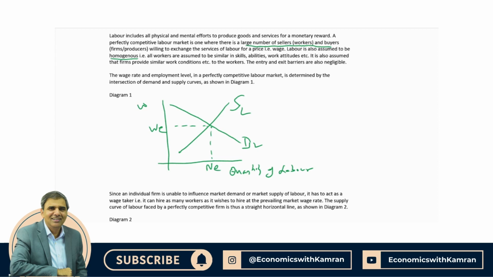So N is the number of workers being employed. That is a simple demand supply diagram, but in the context of the labor market. That is why we should be watchful for the axes. Instead of just writing Q, we should write quantity of labor, and instead of writing price, we should write the price of labor or the wage.